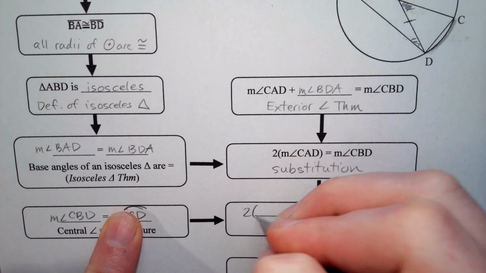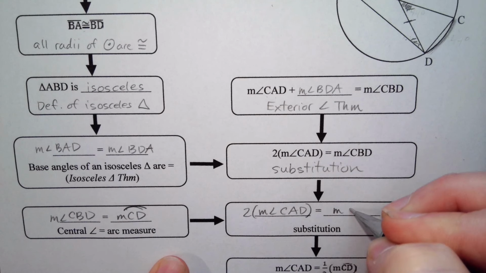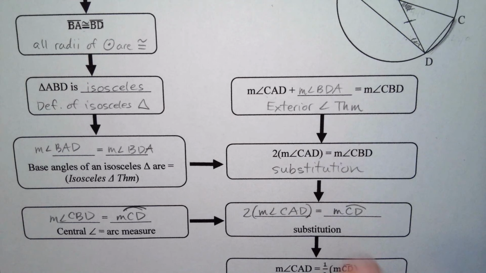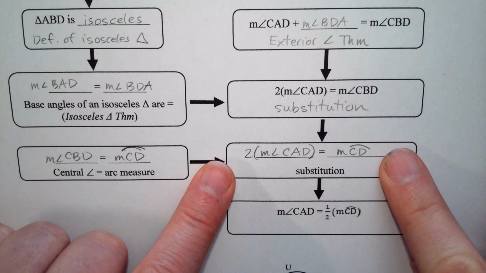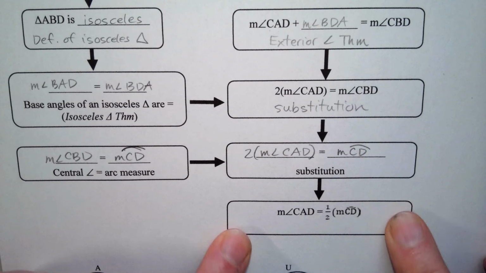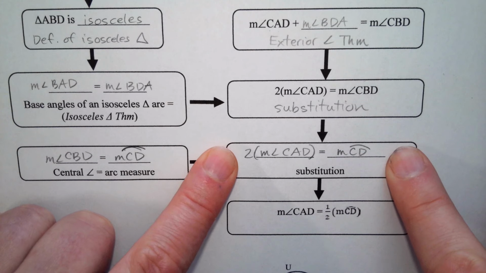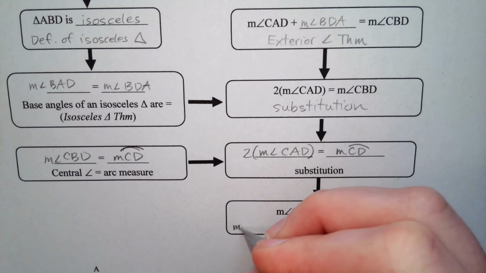So 2 times the measure of angle CAD equals the measure of the arc CD by using substitution. Well, we're almost there. To go from the second to last step to the last step, it looks like I multiplied both sides by 1/2. So I use the multiplication property of equality.